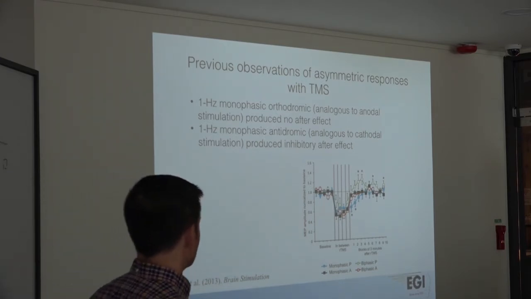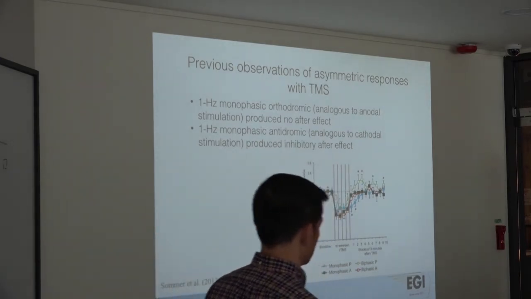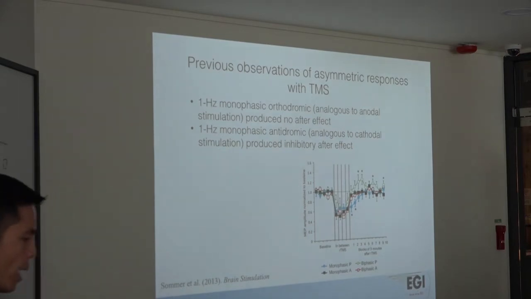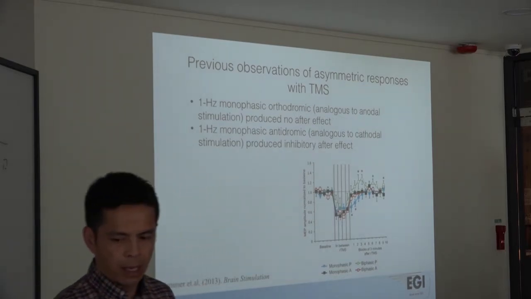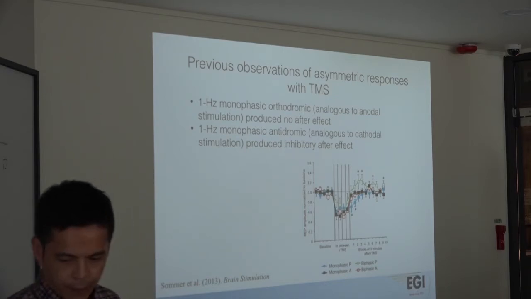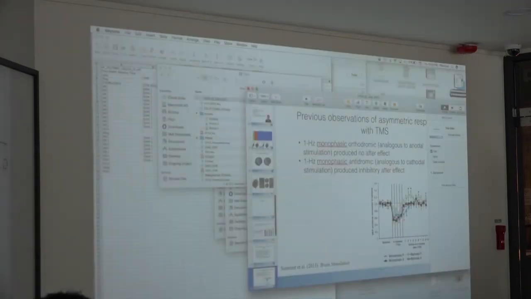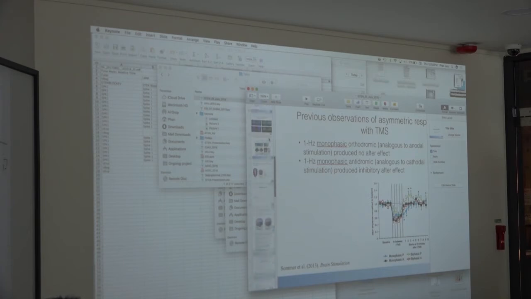Our explanation for why cathodal seems to be more effective goes back to this idea of the cellular layers. If you think about the model, I'm going to skip back really quick to here.